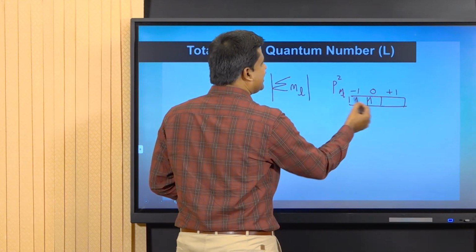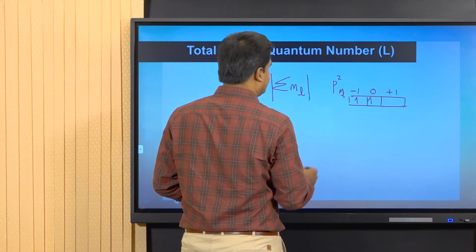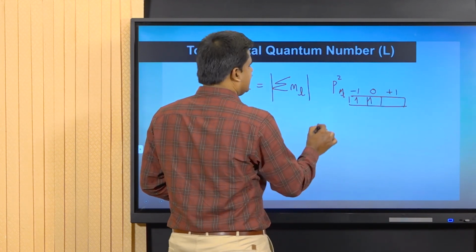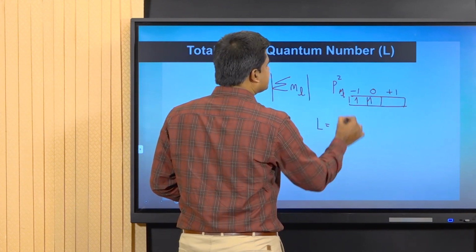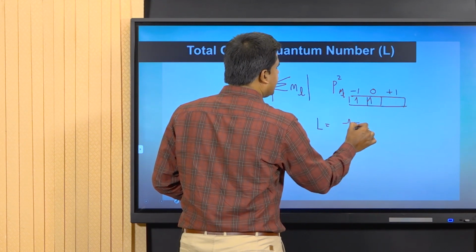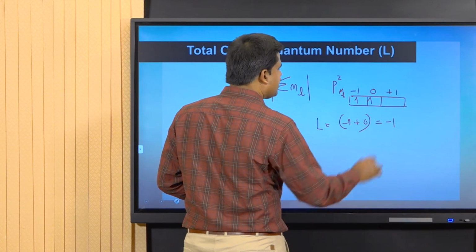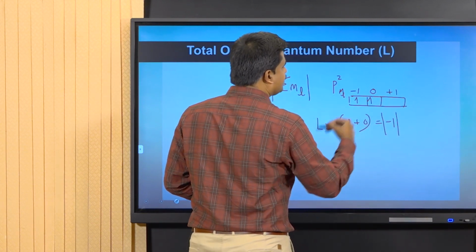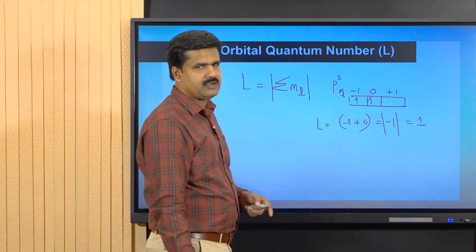Therefore, our unpaired electrons are present in the ml equal to -1 orbital and ml equal to 0. So, the L value of the present system is the summation of this ml, that is -1 plus 0, that is equal to -1, and finally you have to take the modulus, so L is equal to 1.